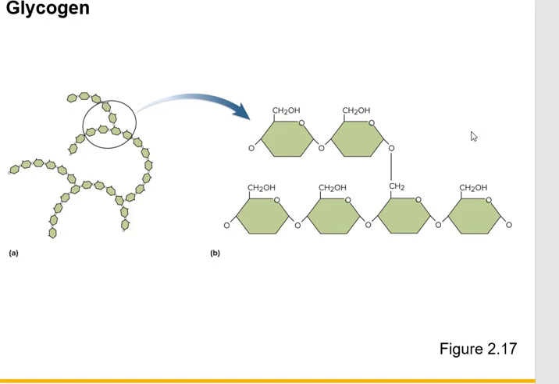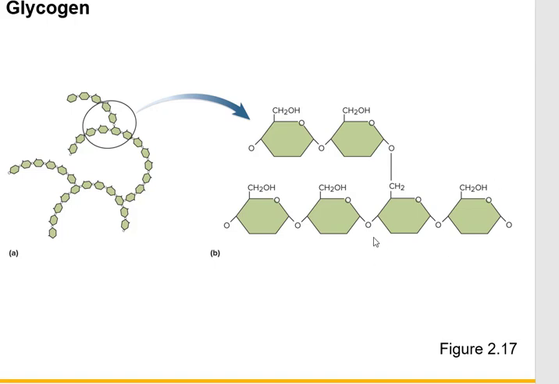When you look at dehydration synthesis and the formation of a large macromolecule of sugar, glycogen is the storage form that animals use. So we take the glucose molecules, stick them together, and then when we need the energy, we just add water, break the bond, and there's a sugar, add water, break the bond, and there's a sugar.